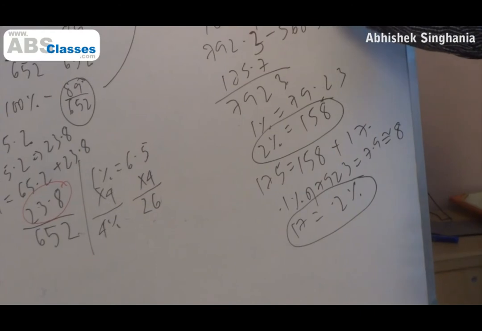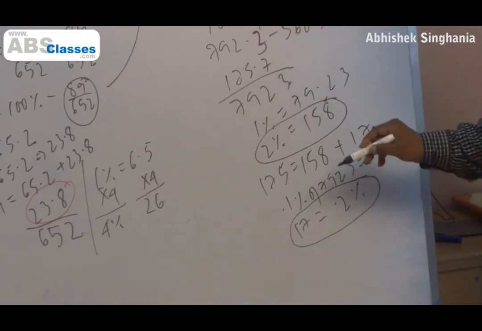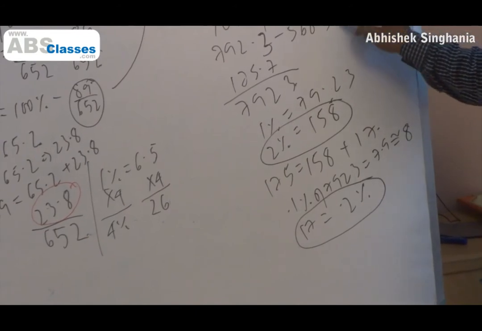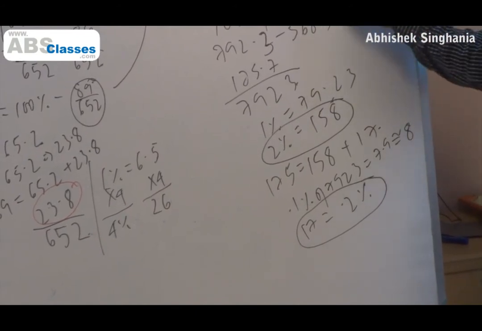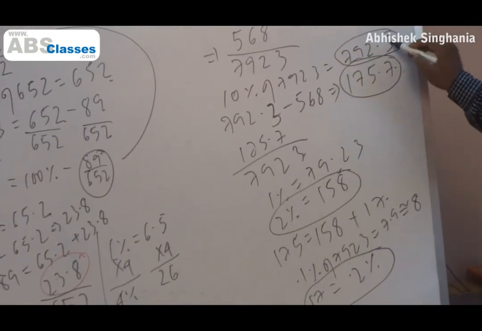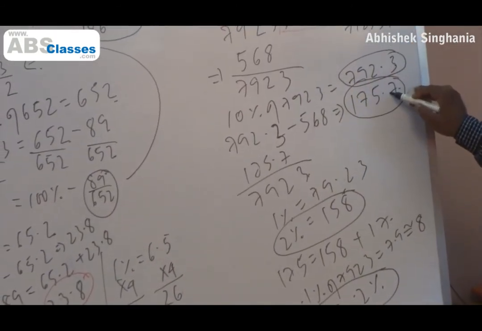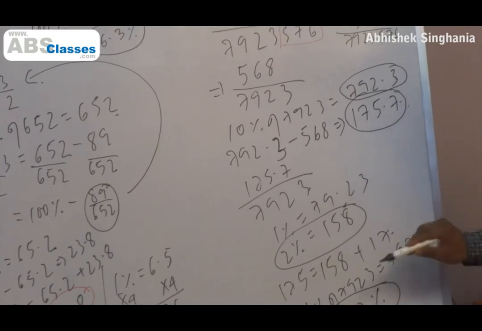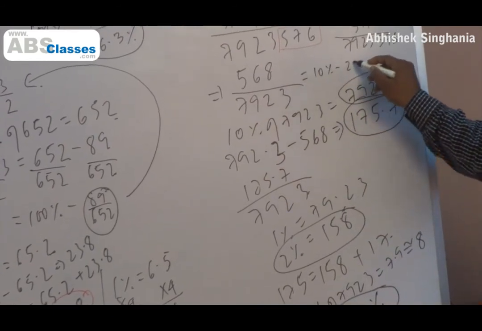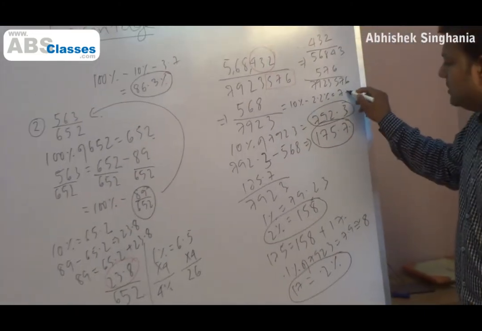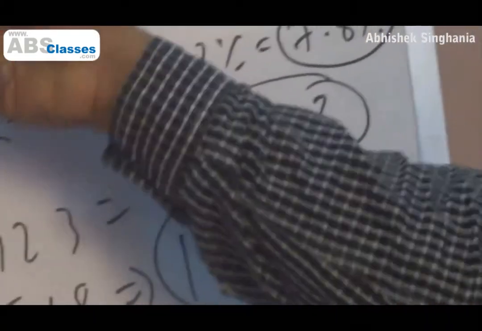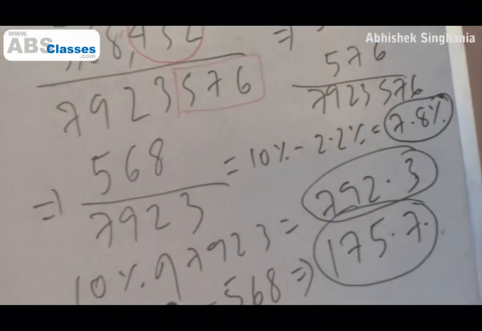So 568 by 7923 can be written as 792.3 minus 175.7. 792.3 is 10%. 175.7 is 2.2%. So this is equal to 10% minus 2.2%, which is equal to 7.8%. So my answer is 7.8% even for these mammoth numbers.